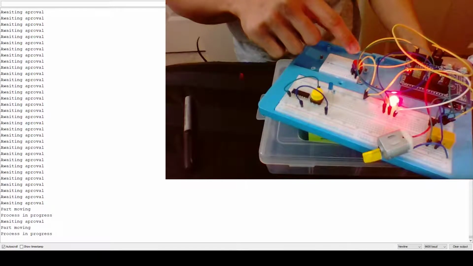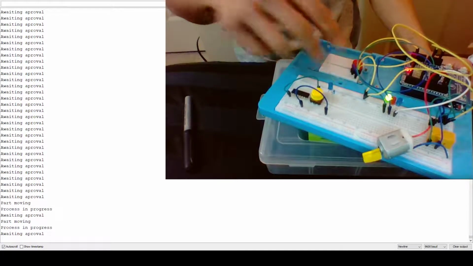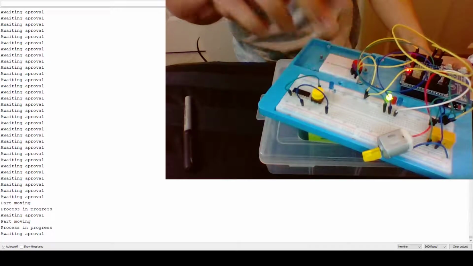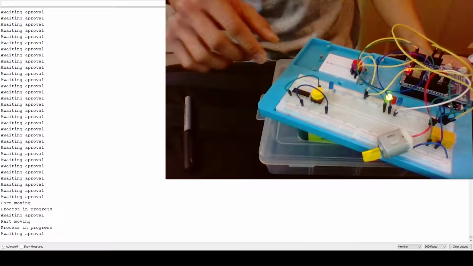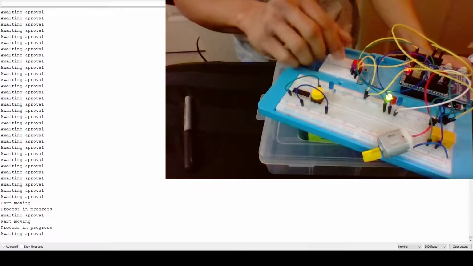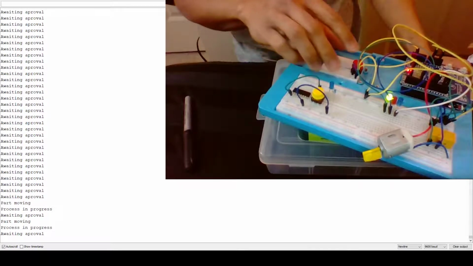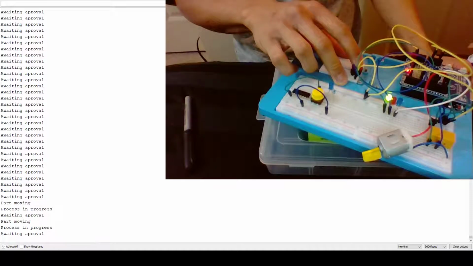Now, this button doesn't need to be a button. It could be a sensor. So let's say that there's like a temperature sensor where it'll cure the product, and then once it hits a certain temperature, then it'll move the product out onto the conveyor. Or even like a timer, if we want it to set for a certain amount of time, we could do that.